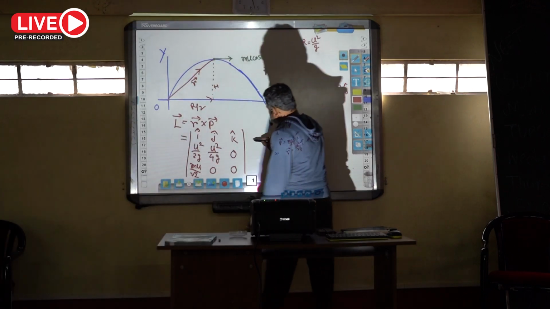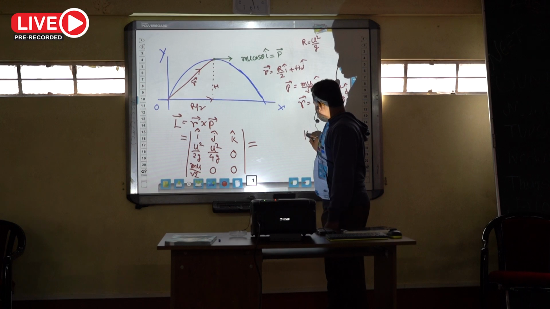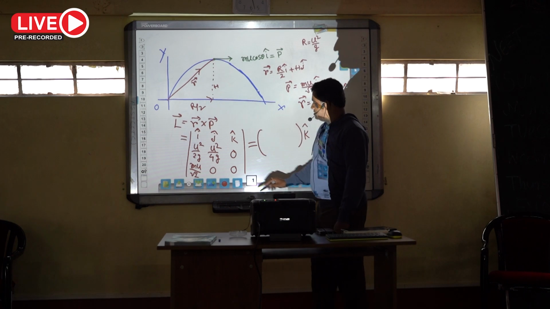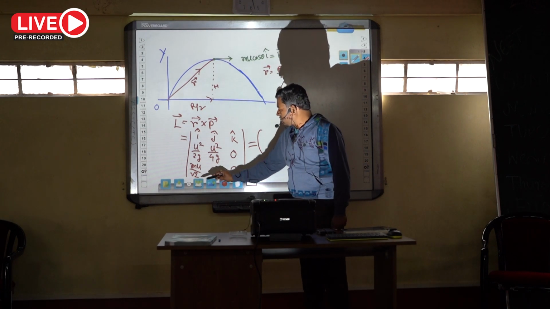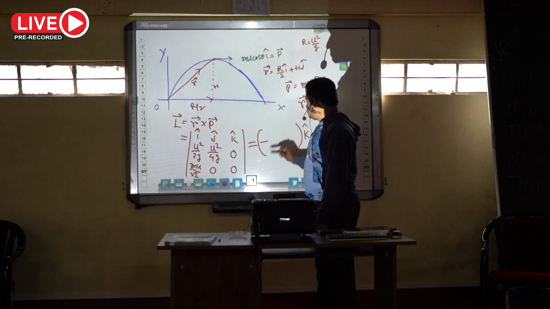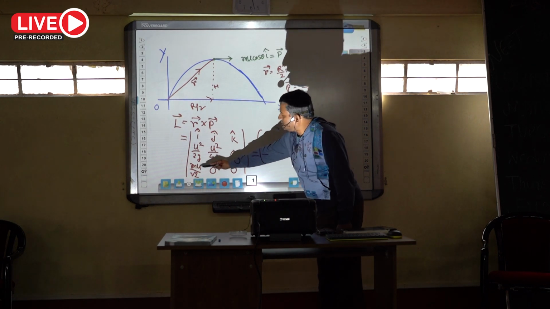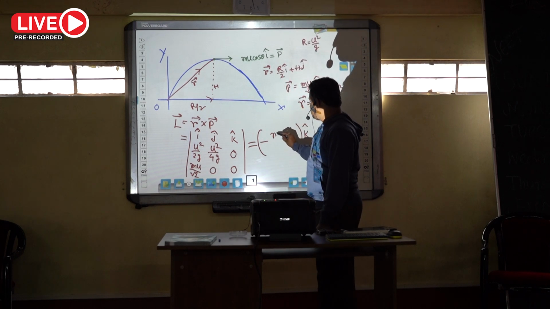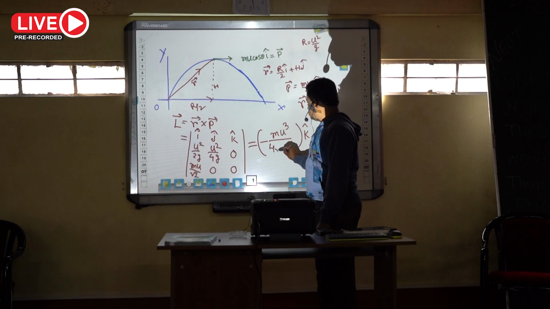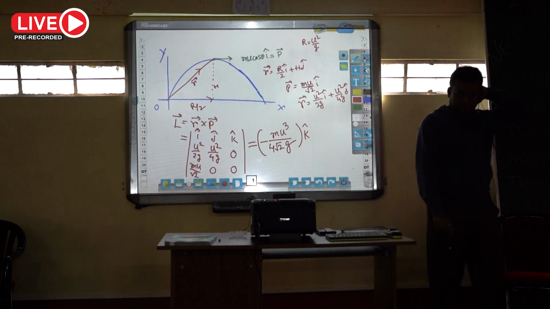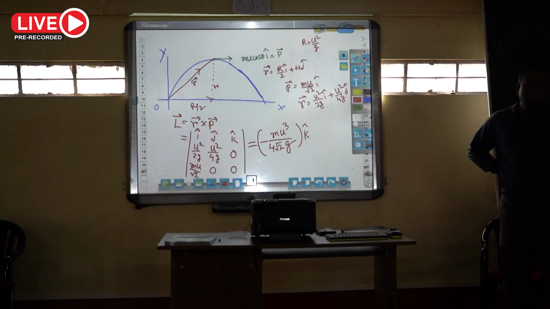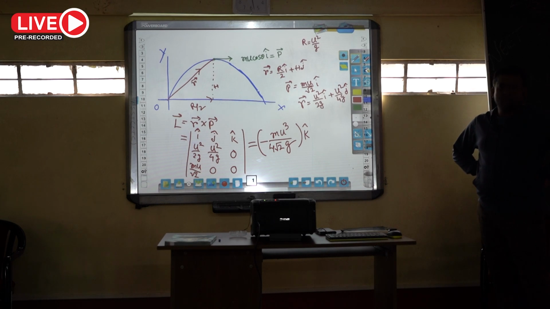So the coefficient of k cap, if you calculate, by this rule, the first term will be 0, the next term will be minus of this term into this term. It will be m u to the power 3 divided by 4 root 2 g k cap.